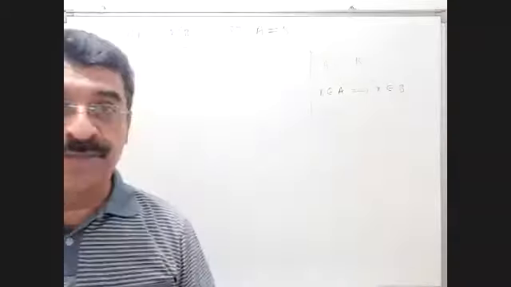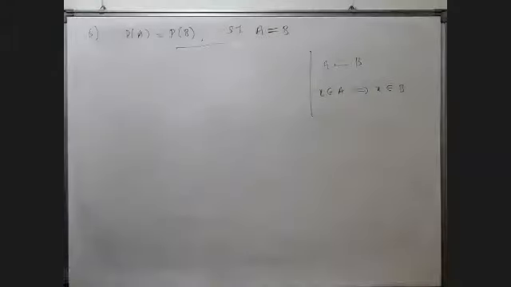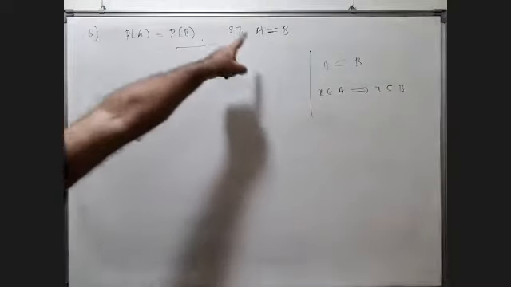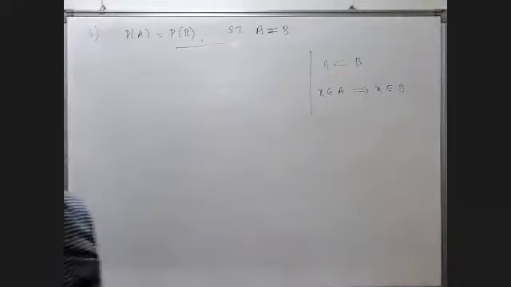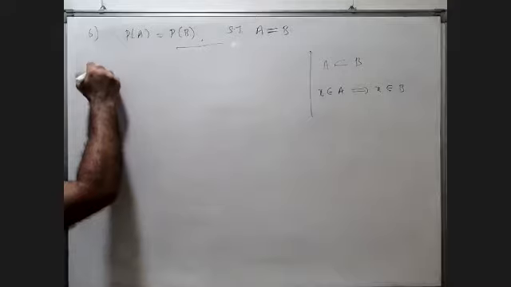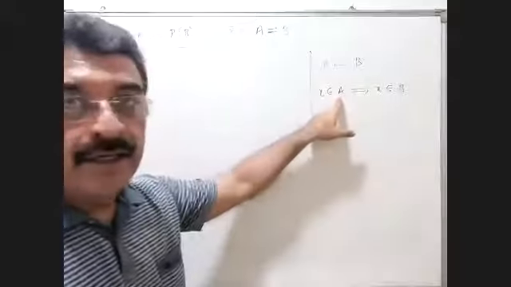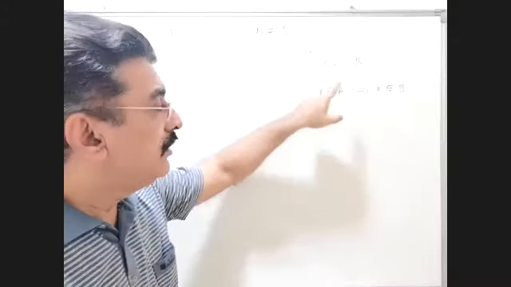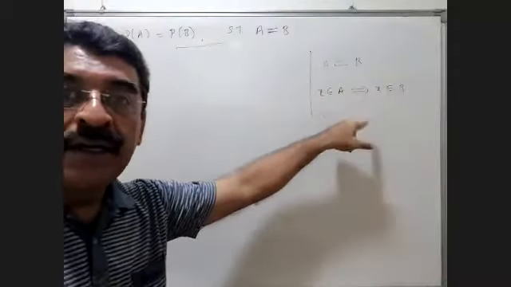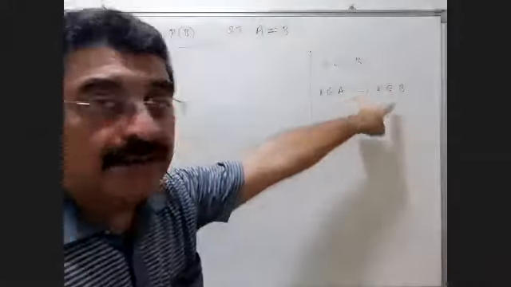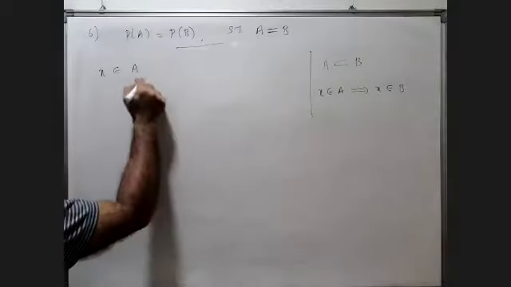So to show that A is equal to B, first we will prove A is a subset of B, then B is a subset of A. For that, we start with x belongs to A. Starting with x belongs to A, if we can reach x belongs to B, then definitely x belongs to A implies x belongs to B, which means we can write A is a subset of B.